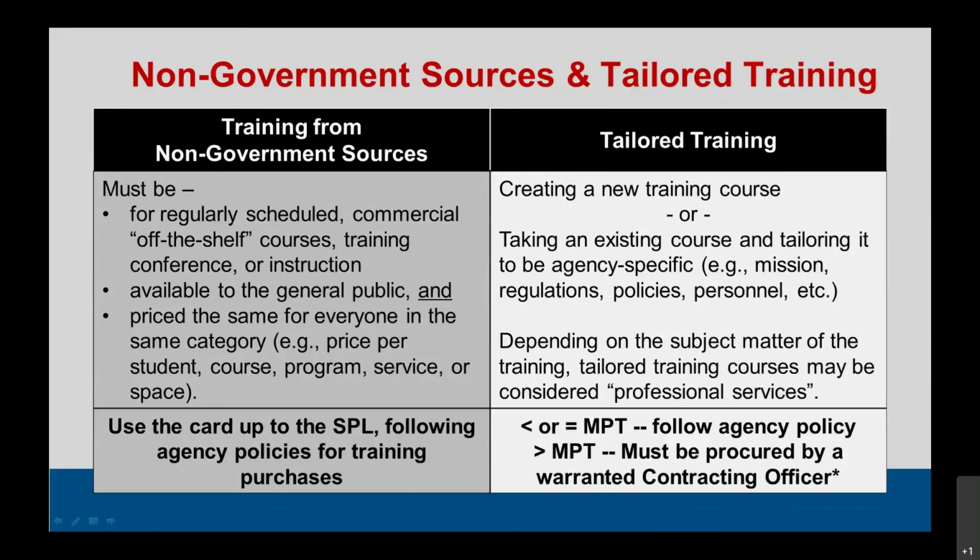But typically, if you're tailoring training to the government's requirements, you need a statement of work and other quality policy reviews by a cadre of individuals that can review that and make sure it meets certain requirements like continuous learning points, et cetera. And agencies have decided that tailored training should be procured by the contracting office. But your agency and local policy should govern in any case when you're buying training.